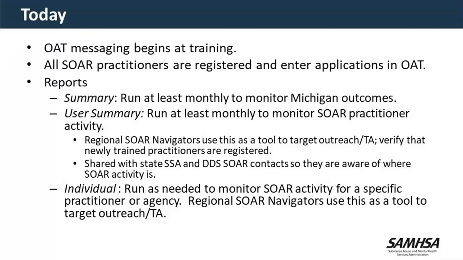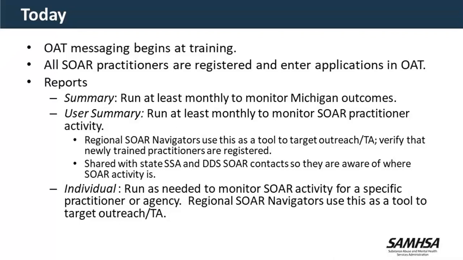The individuals who use OAT, we highly encourage them to run reports as needed to monitor their SOAR activity and look for trends in the agency or for themselves. If they notice that their approval ratings are slipping, they can see what's going on, if there's any commonalities between the applications that are getting approved compared to the applications that are not getting approved, and reach out for technical assistance to talk about what they can do to improve their outcomes.